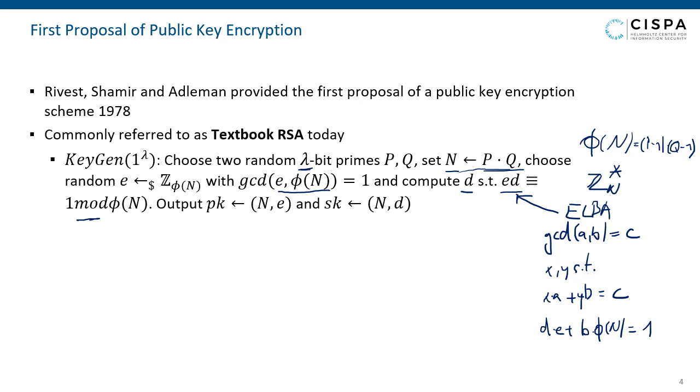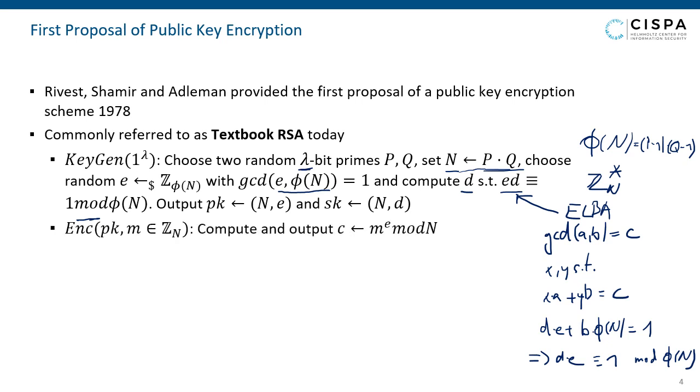And now if we reduce both sides modulo phi of n, we get that D times E is congruent 1 modulo phi of n. Okay. But this really is just a quick reiteration, I refer you to the last 3 lectures regarding the algebra and number theory.